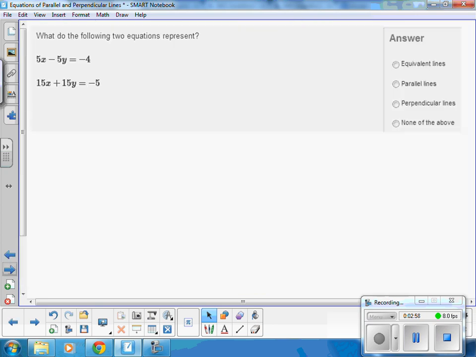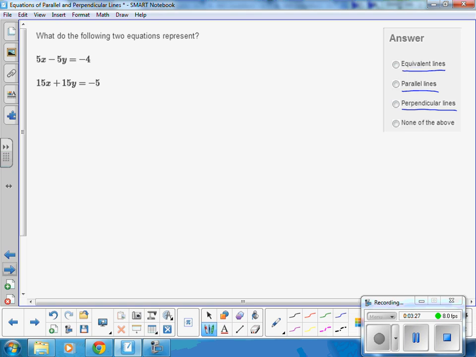So what they're going to be asking you is questions like, what do the following two equations represent? And then over at the right, it's going to have equivalent lines, meaning they have the same slope and same intercept. Parallel lines, same slope, but the intercepts are different. Perpendicular lines are lines that have slopes that are negative or opposite reciprocal.